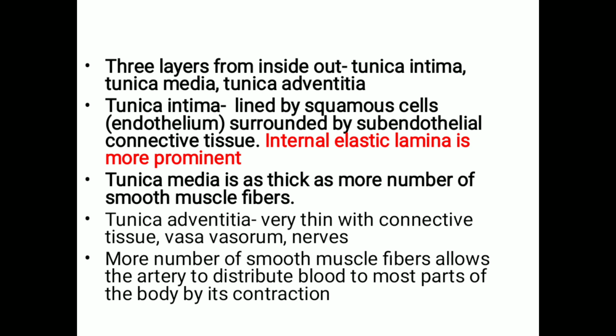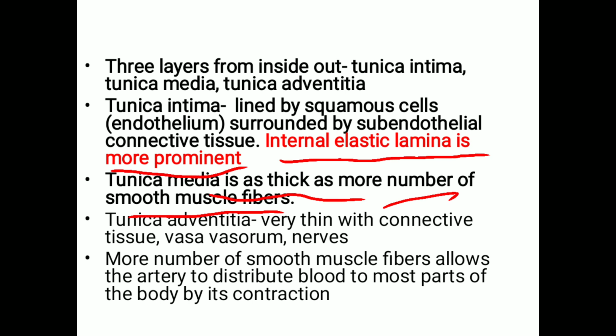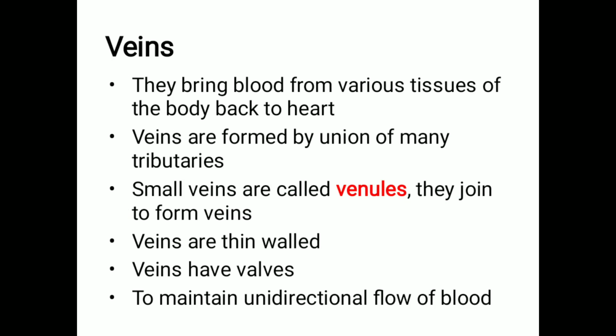Tunica intima is lined by squamous cell endothelium surrounded by subendothelial connective tissue. This point is very important: the internal elastic lamina is more prominent. Tunica media is thick and has more smooth muscle fibers. So remember, it has more smooth muscle fibers and less elastic fiber. These are the points to be remembered for the medium size artery.